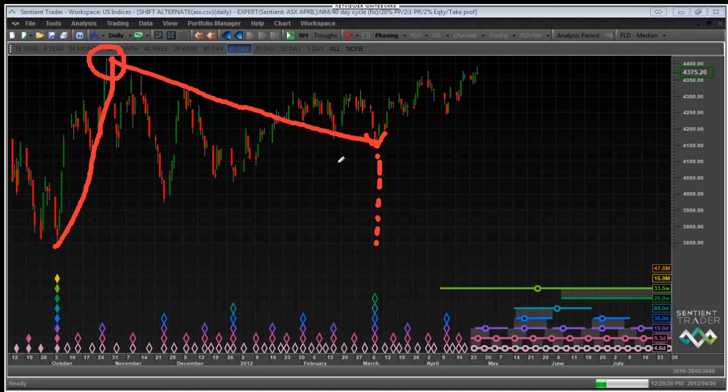Okay. So now, if the first shape that's been developing here is fairly bearish, then of course we expect the second part of the M shape to also be bearish, because this is the same cycle that we're talking about.